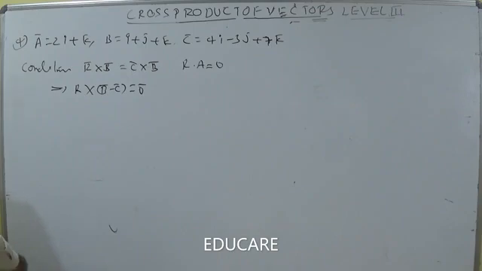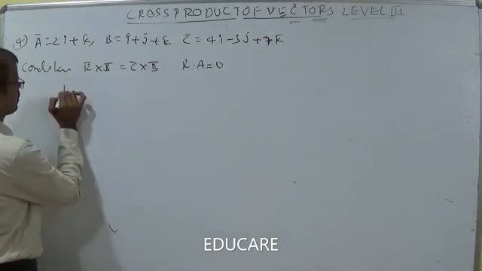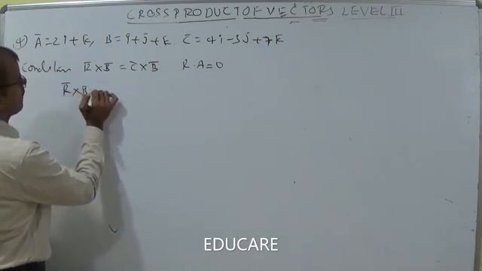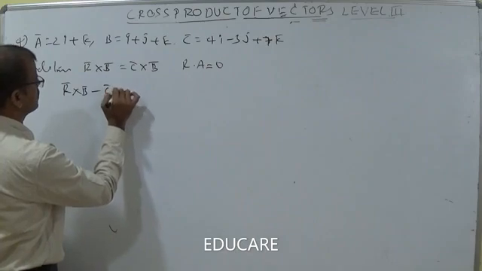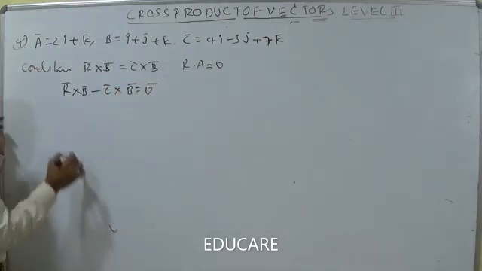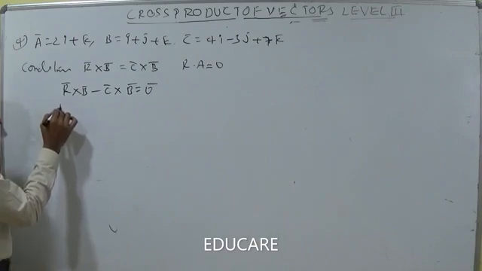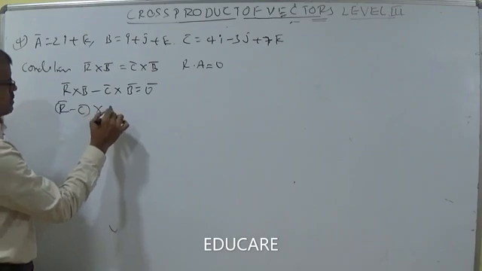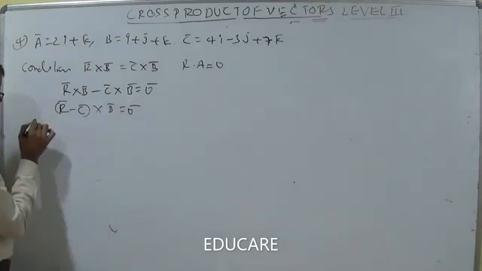Once again, you write this step. R bar cross B bar minus C cross B. B is the second letter, whenever the second letter is common we can say directly R bar minus C bar cross B bar equal to 0 bar.